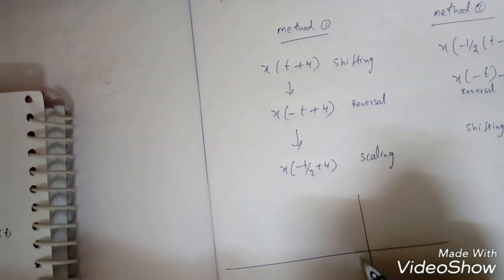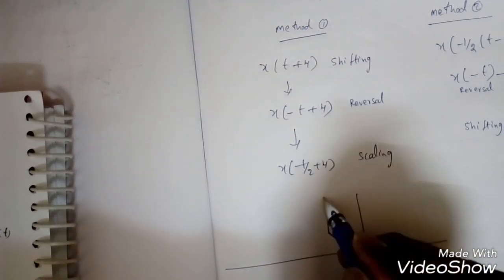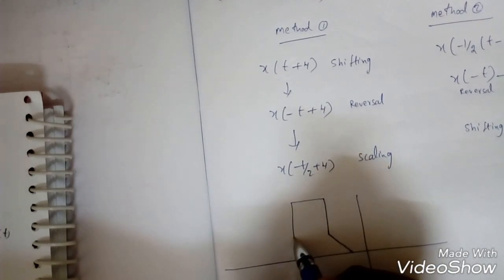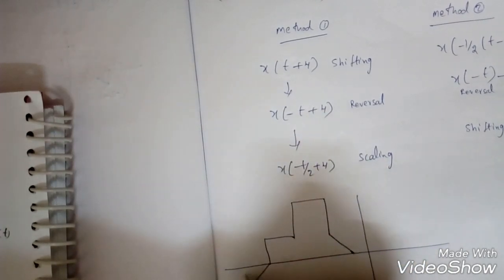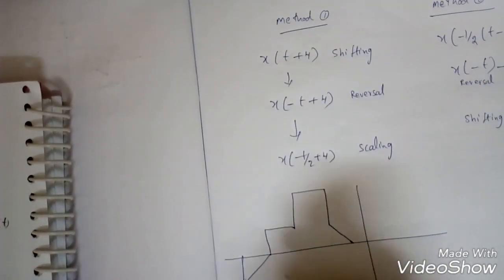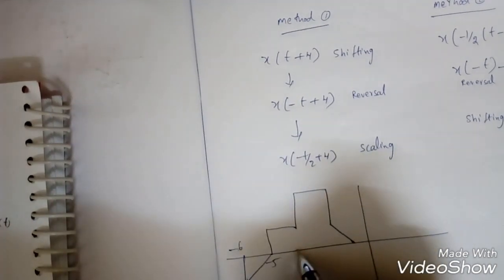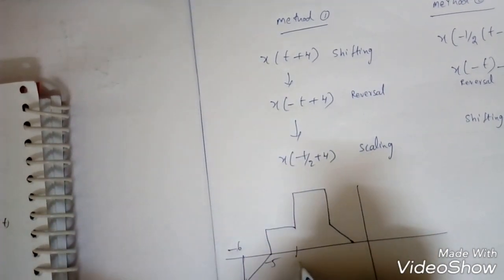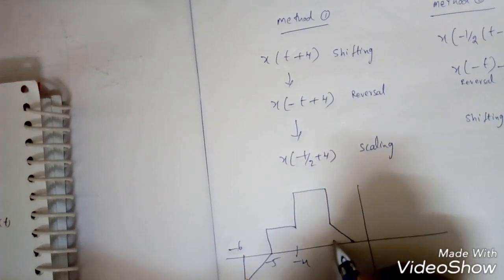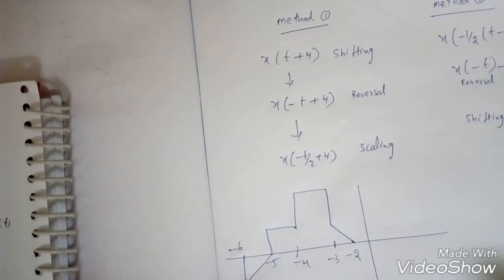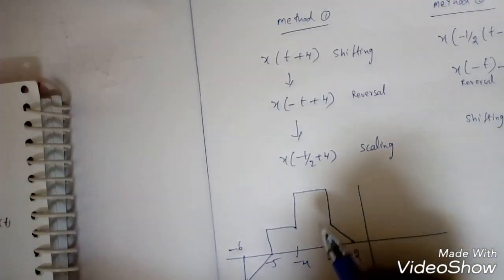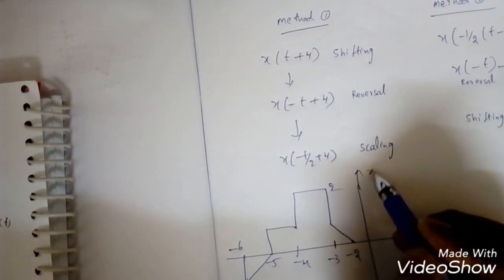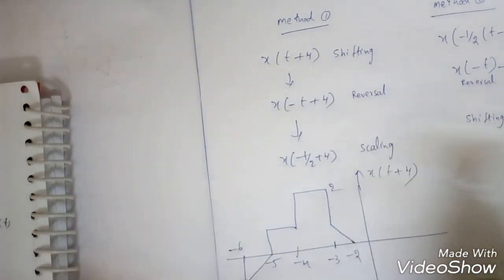So it is written like this. It will be shifted leftwards, that is -6, -5, -4, -3, -2, right? So 2 has gone to -2, this is x of t plus 4.